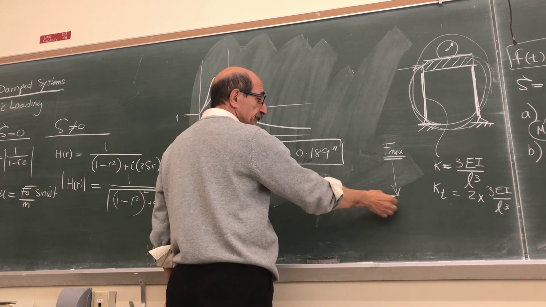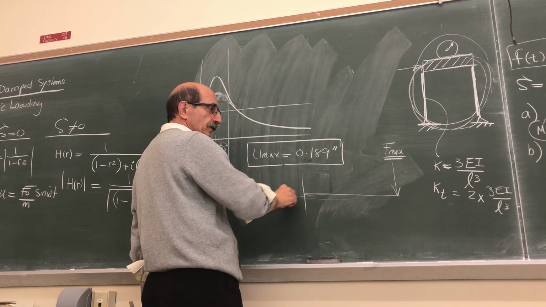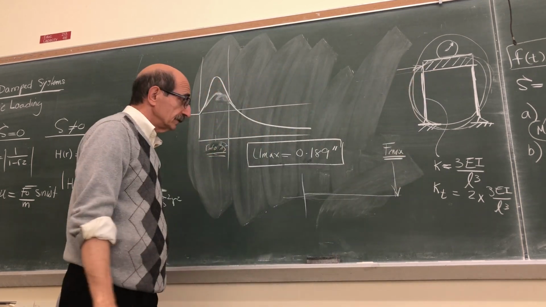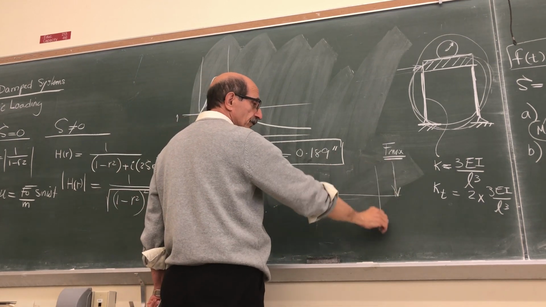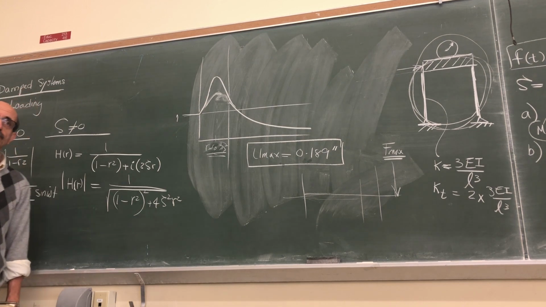If you draw the free body diagram of this beam, you have only a force at the tip, that's where it is acting, right? That means this is the shear force in the beam.